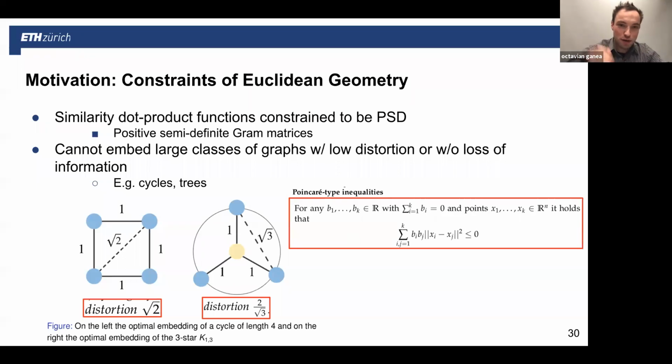So in any Euclidean space, you cannot get a perfect distortion. But it turns out you can put any cycle in a spherical space with arbitrarily low distortion, 1 plus epsilon for arbitrarily small epsilon. And the tree, you can put it in a hyperbolic space with arbitrarily low distortion, again 1 plus epsilon, where 1 is perfect.